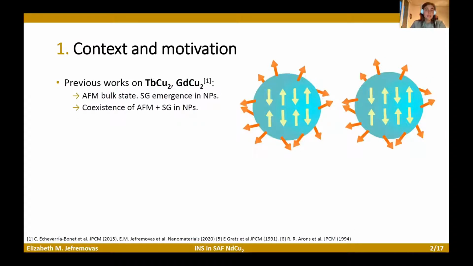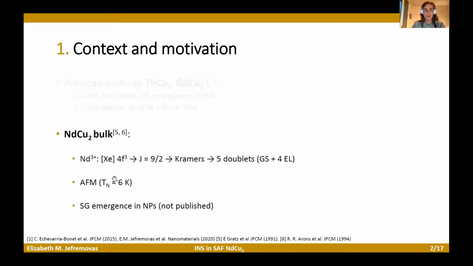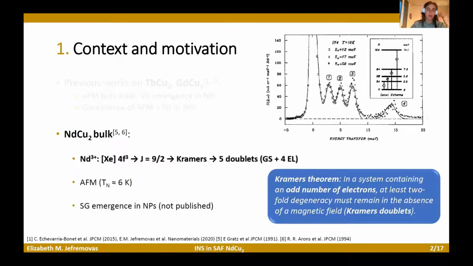So the question in this work is, well, we just wonder about what happens with neodymium copper 2. And why neodymium? Well, first of all, it must be taken into account that neodymium ions are Kramers ions. This means that the crystalline electric field splitting is made of doublets instead of single levels.